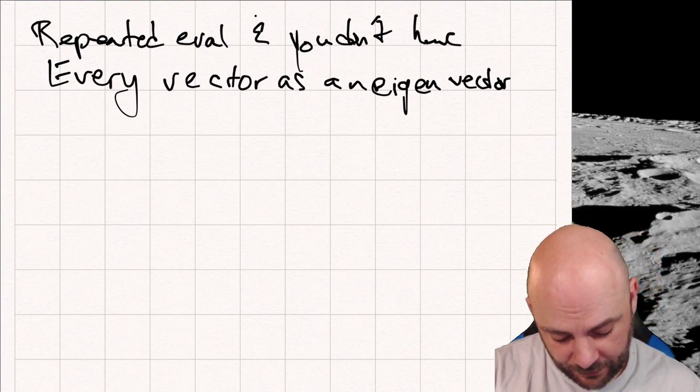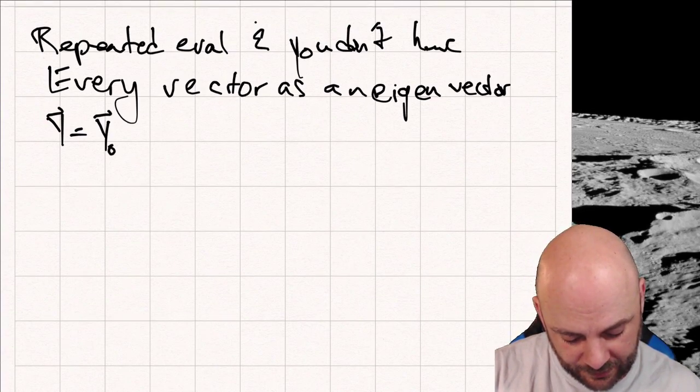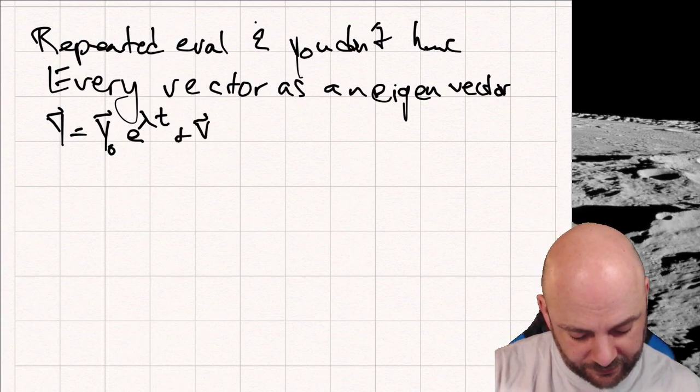Our solution, like we said before, is the initial condition, e to the lambda t, plus some eigenvector, t e to the lambda t.